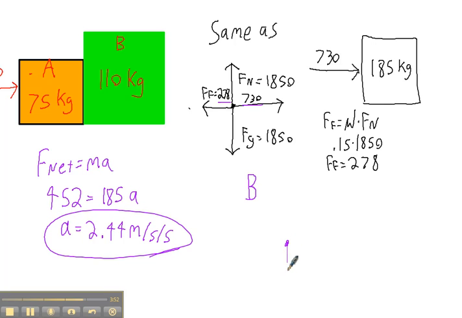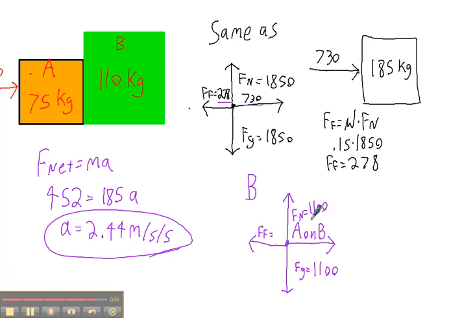We have a downward force caused by gravity, which is going to be 110 times 10, so that's 1100. We have an upward normal force that's the same thing. We have a push this way that's the push of A on B. It's just the contact force between them. And then we have a backward force of friction.